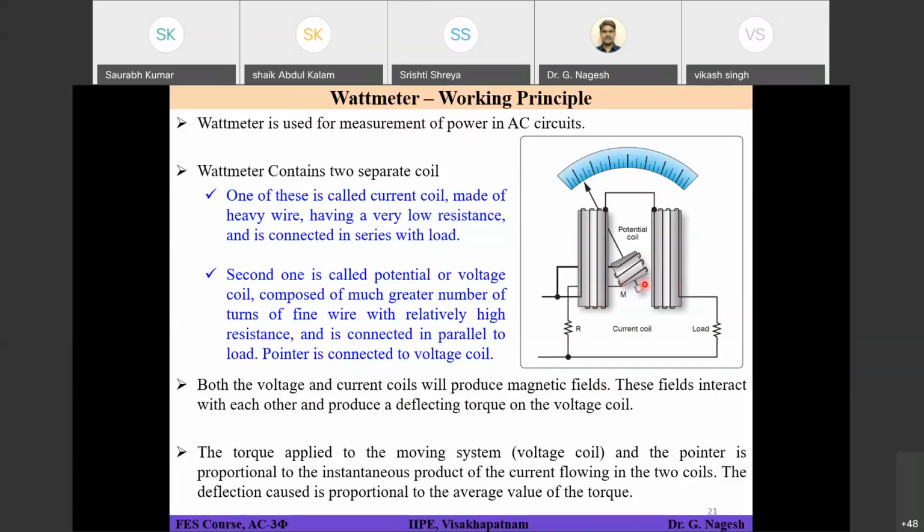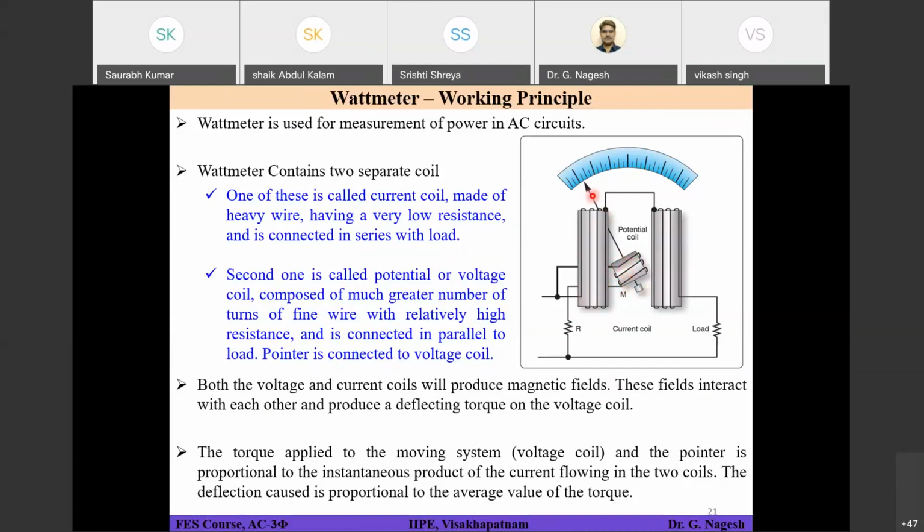But this potential coil is not fixed. It will be balancing on some small point. Whenever these two magnetic fields interact with each other, there will be a deflecting force acting on the potential coil. It is a lightweight potential coil.